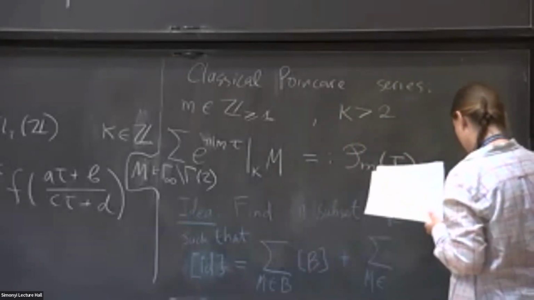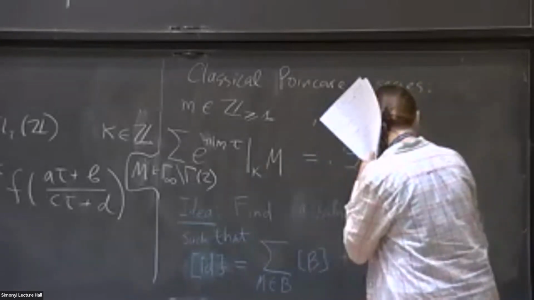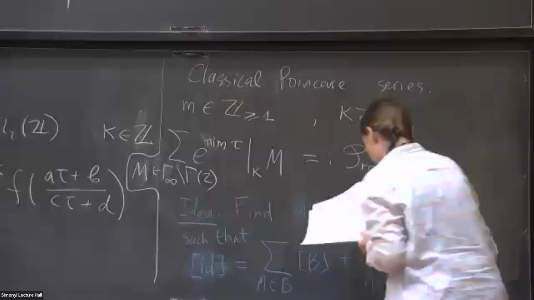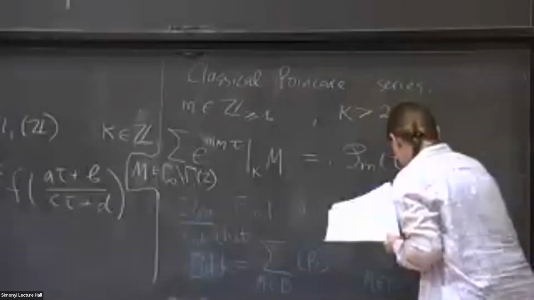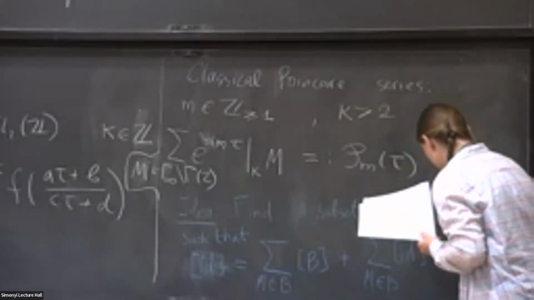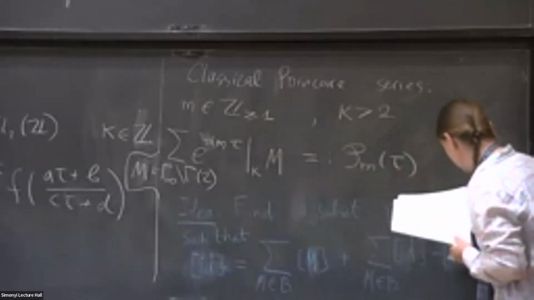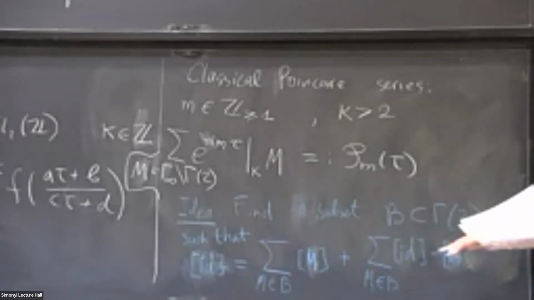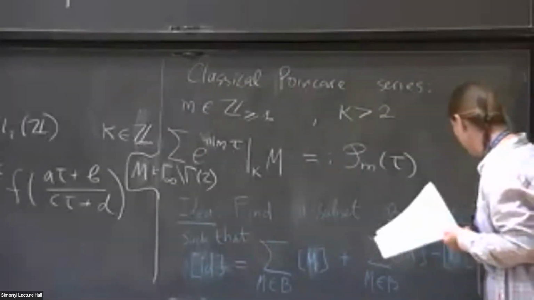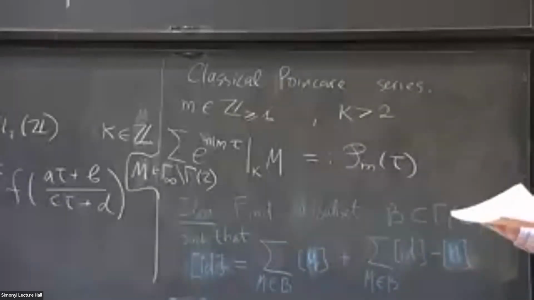Okay, so here I want it to be, of course, this would be always true for all sets B. So here it's only the question of convergence, which we try to forget about for a moment.